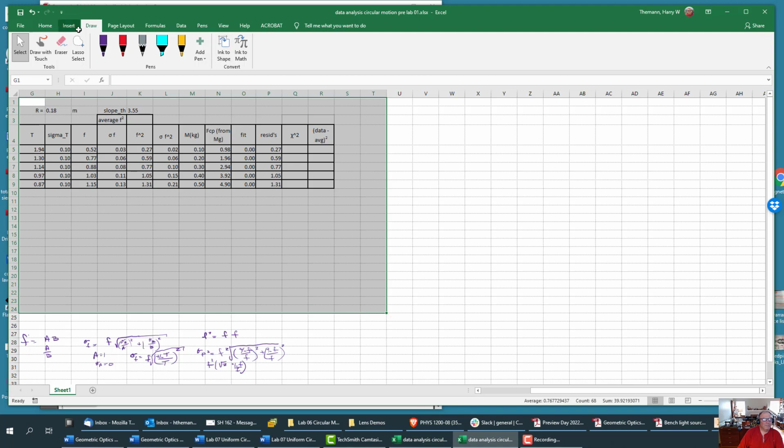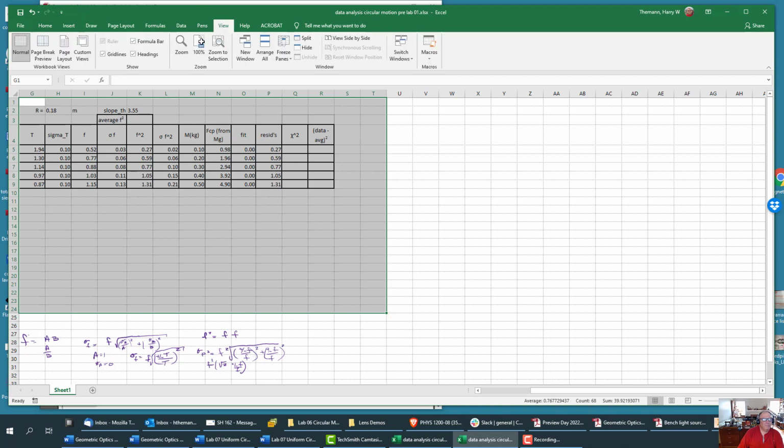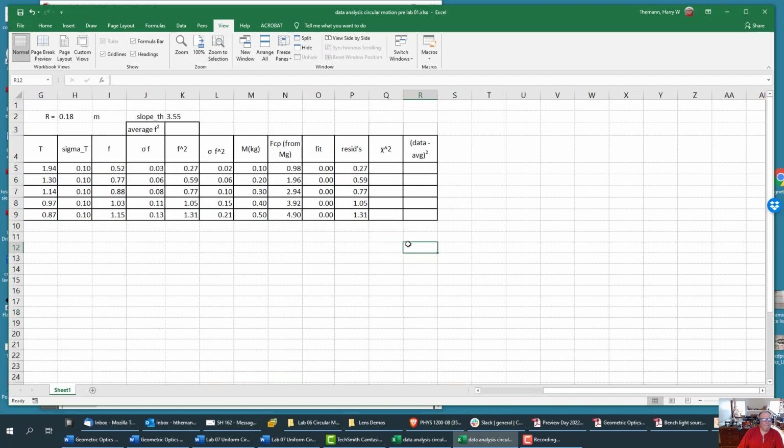Okay, let's see what happens. Alright, so we have our slope. We have our y-intercept. I don't think I need my tablet anymore. I'll turn that off and put it to the side. It was screwing up my typing. We need the sum of the residuals squared.